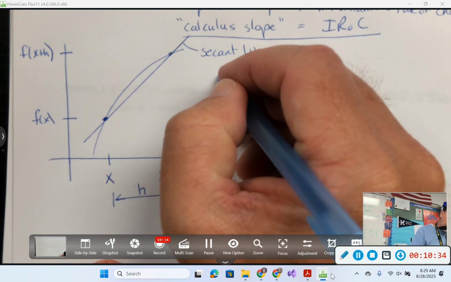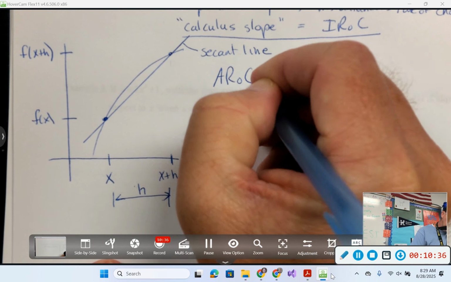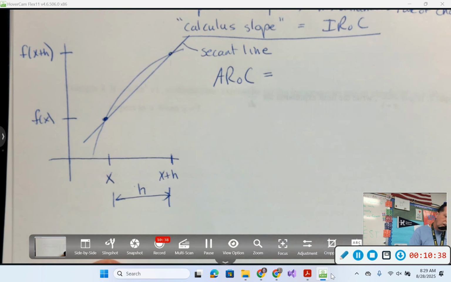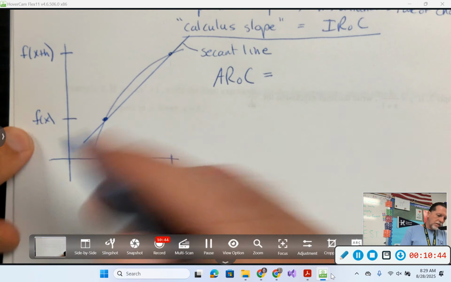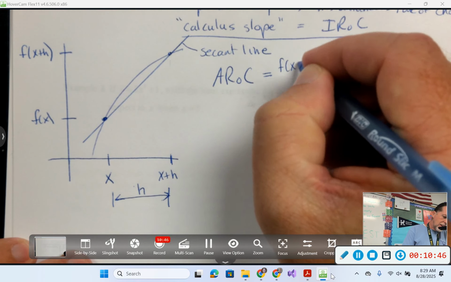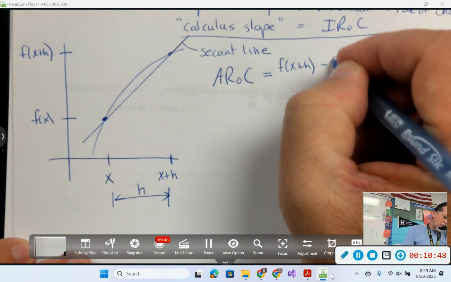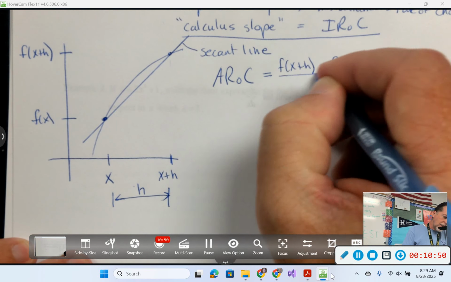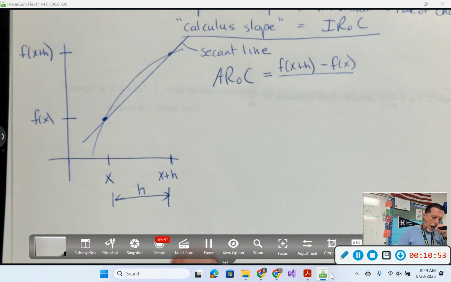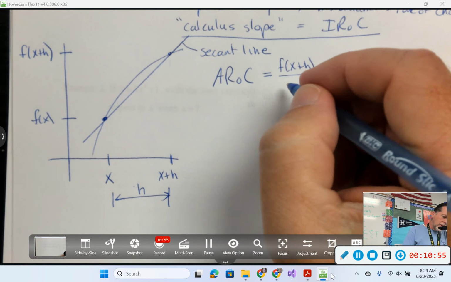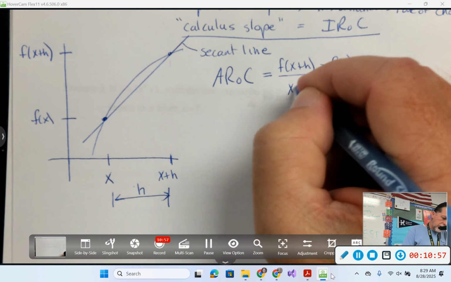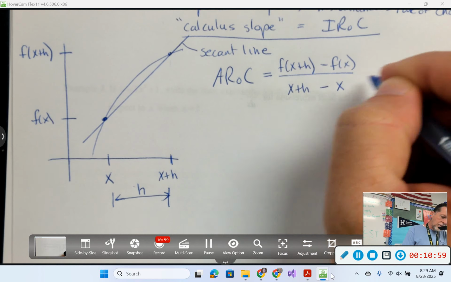In fact, let's do that. Let's find the algebra rate of change for that slope. Let's see, y2 minus y1, f of x plus h minus f of x, all over x2 minus x1, x plus h minus x.